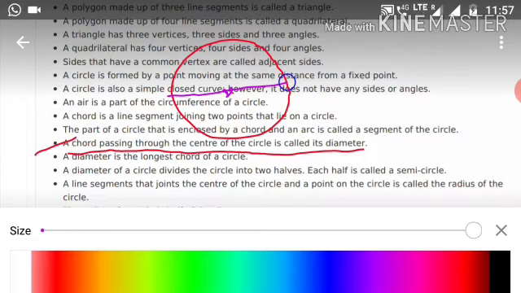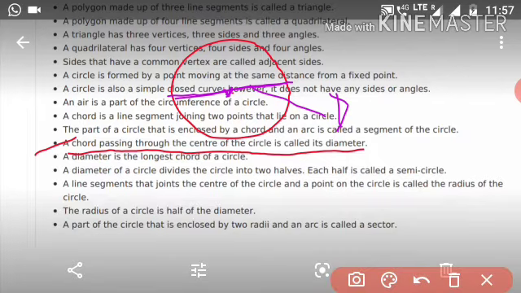If any line passes through the center, it is called a diameter. This line is the diameter. If any chord passes through the center, then that is called a diameter. Okay, keep it in mind, diameter.